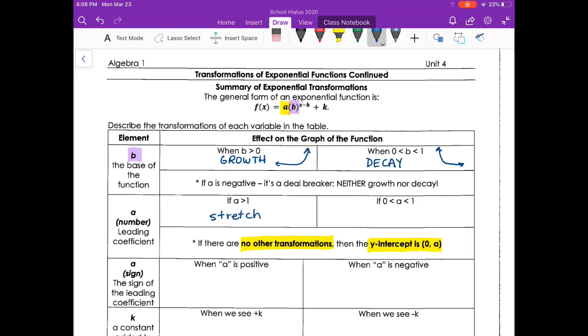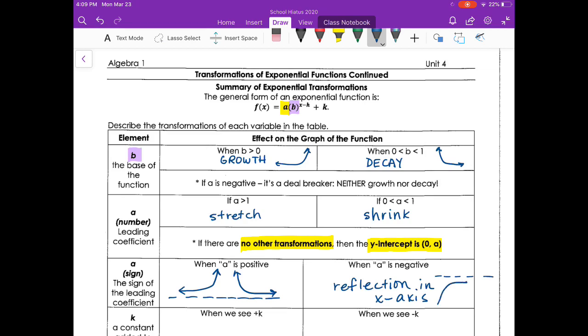If a is greater than 1, there will be a stretch, and if it's between 0 and 1, there will be a shrink. We'll look at the sign of a to determine whether there's a reflection in the x-axis. If the value of a is positive, you'll have a regular growth or decay function which will lie above the asymptote. If a is negative, the graph will be below the asymptote.